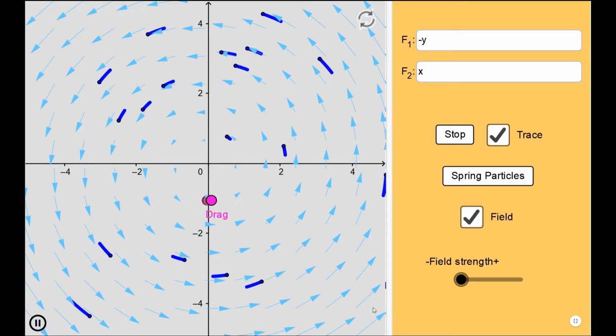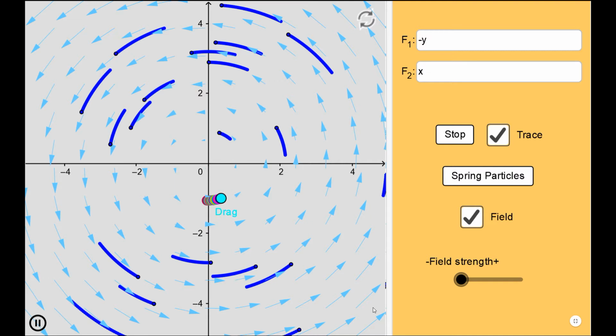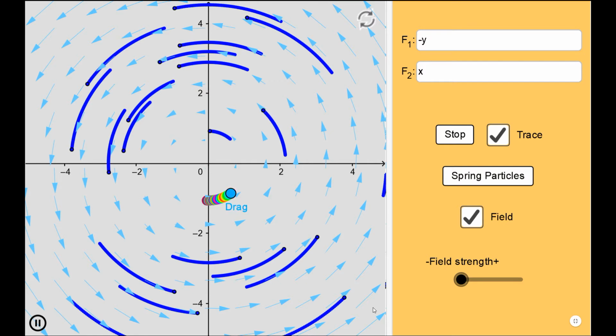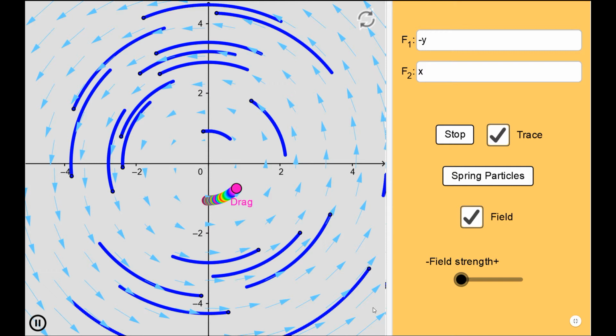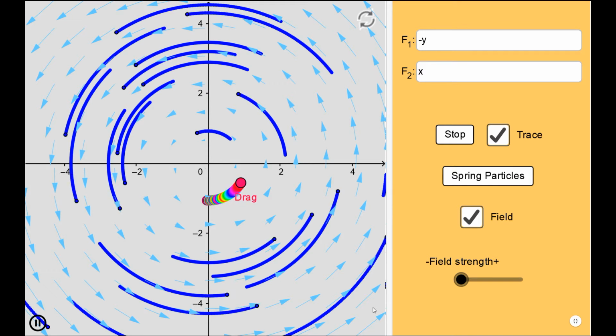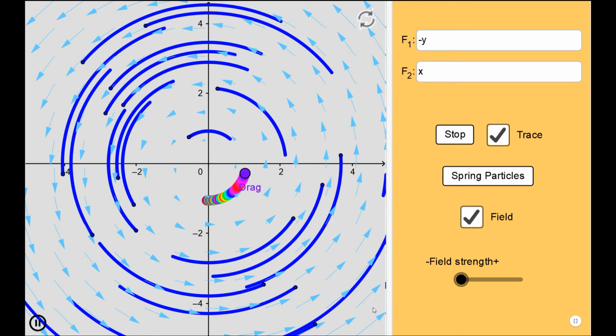And I can actually trace these points, and you can see the paths that they're tracing out. And I think you can see that these particles are going to be tracing out circular paths. Right, and those vectors are tangent to the curves along the paths.